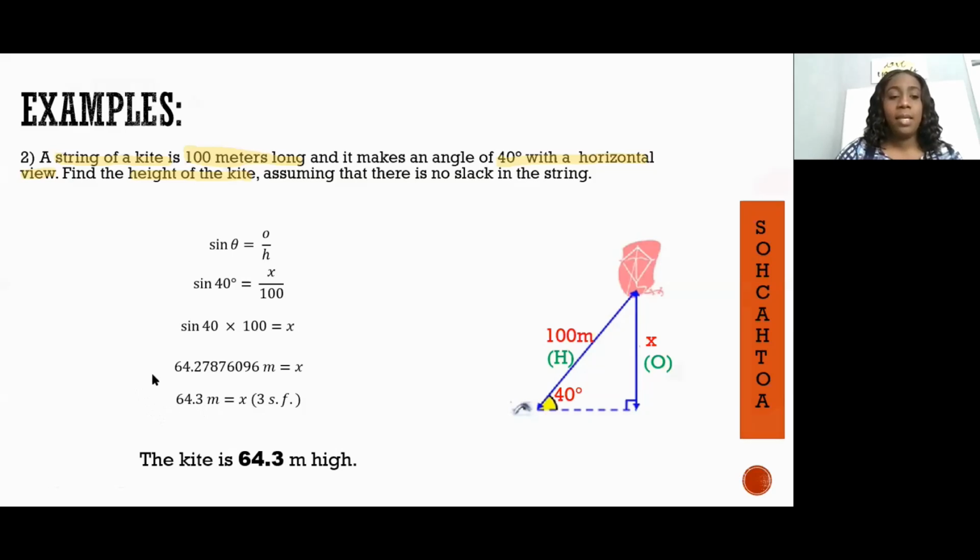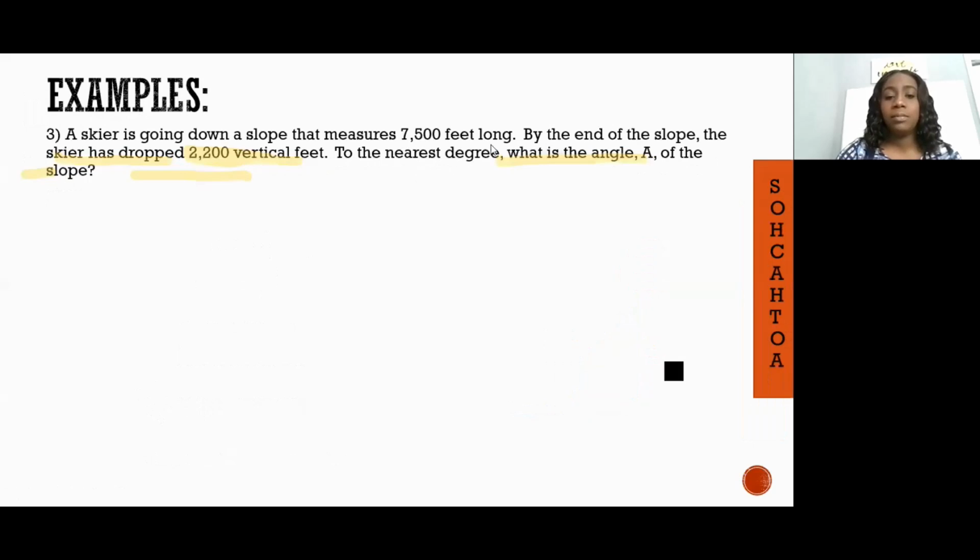All right. Last example. Let me clear all first. A skier is going down a slope that measures 7,500 feet long. By the end of the slope, the skier has dropped 2,200 vertical feet. To the nearest degree, what is the angle A of the slope?